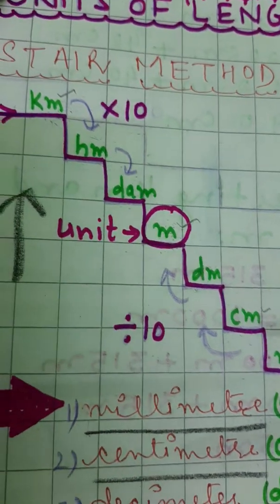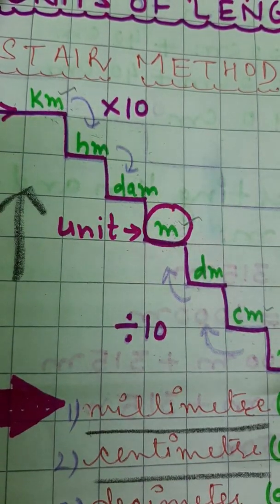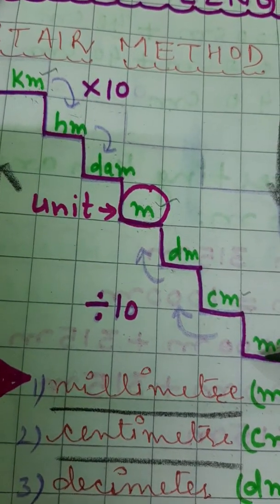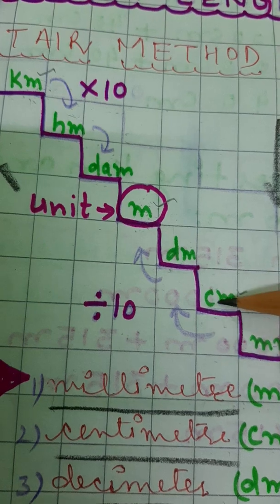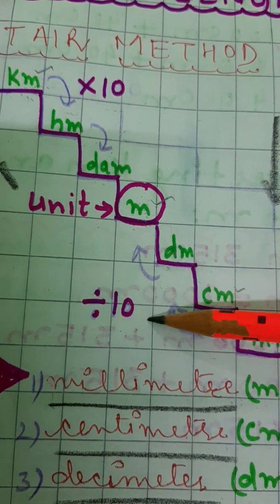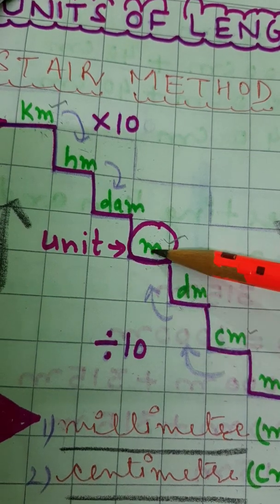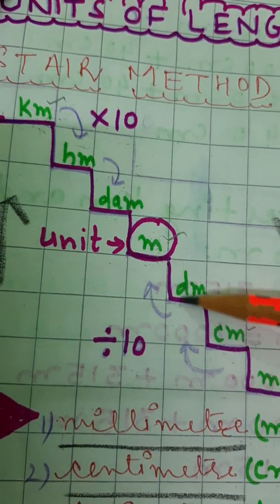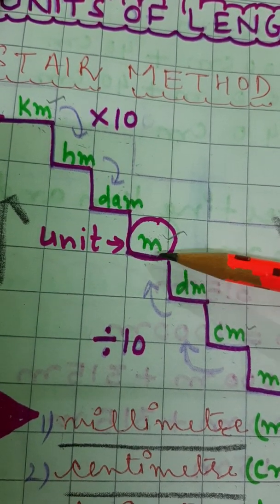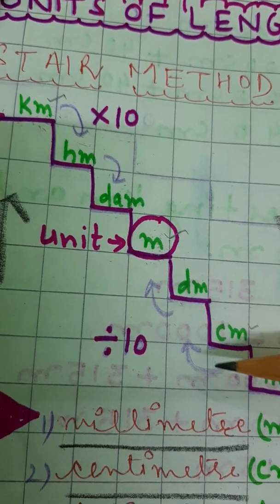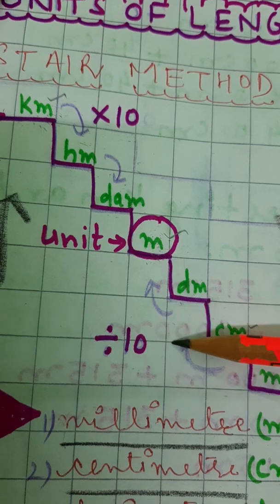Similarly, if we go upstairs, then we have to divide. If I want to convert 1 millimeter to centimeter, I have to divide it by 10. If I want to convert centimeter to meter, I have to move 2 steps upstairs, so I have to divide it by 100.